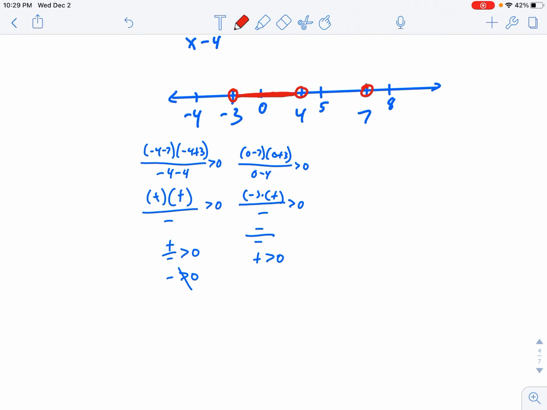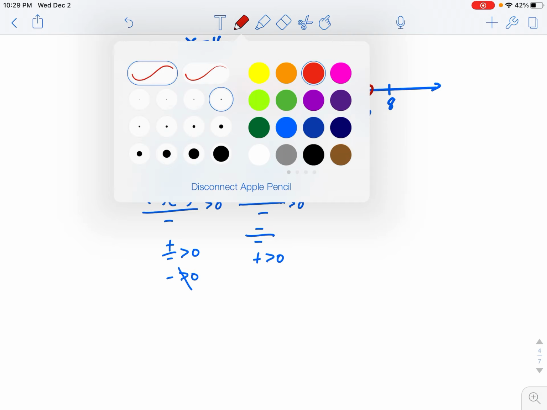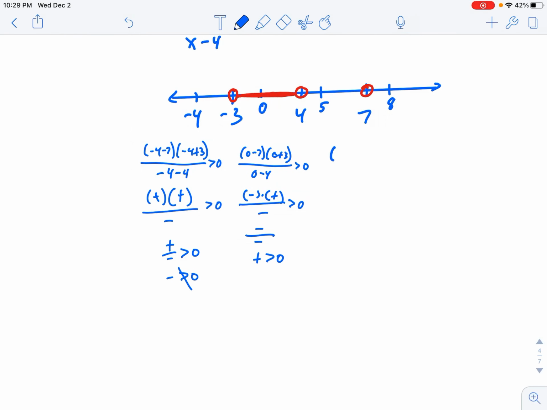Let's try 5. 5 minus 7 over 5 plus 3 over 5 minus 4. Is that greater than 0? That's going to give me what? 5 minus 7 is a negative. 5 plus 3 is a positive. 5 minus 4 is a negative.